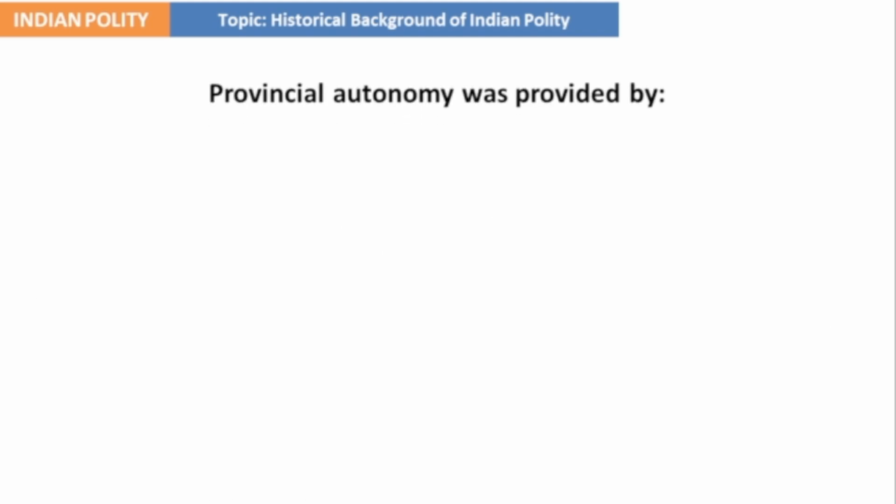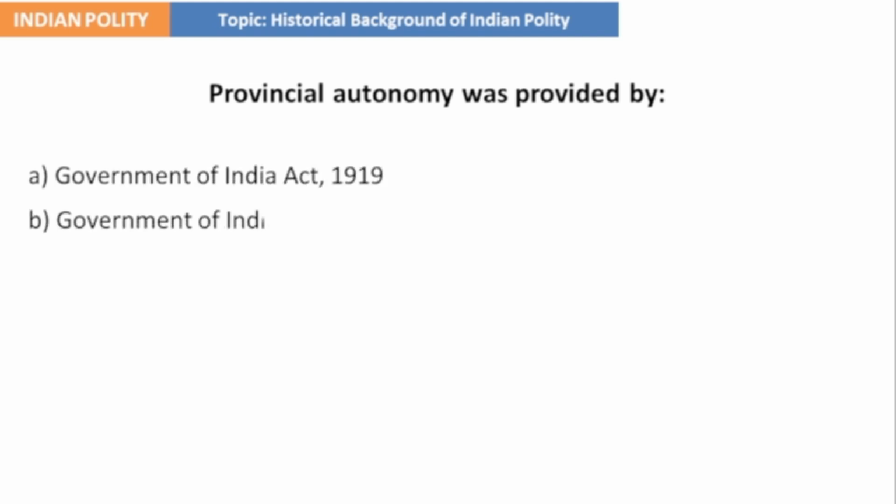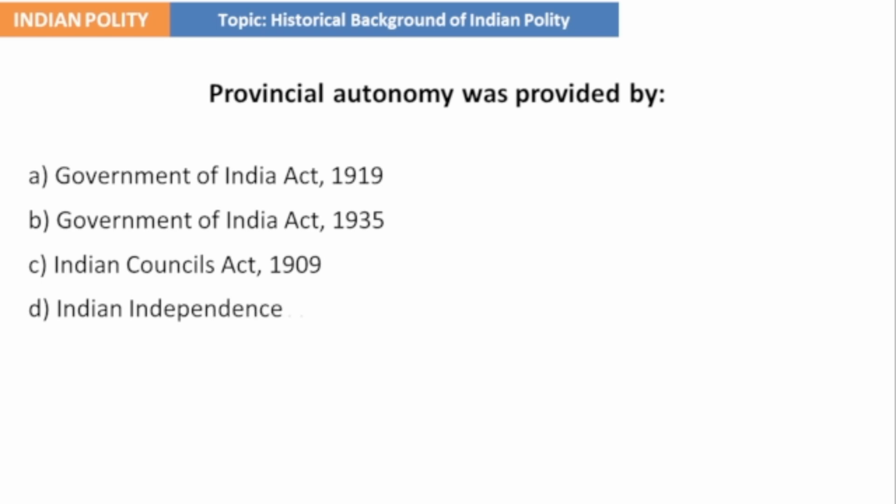Provincial autonomy was provided by. Answer is option B, Government of India Act 1935.